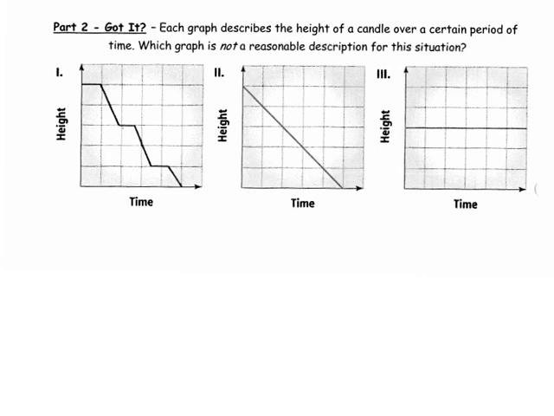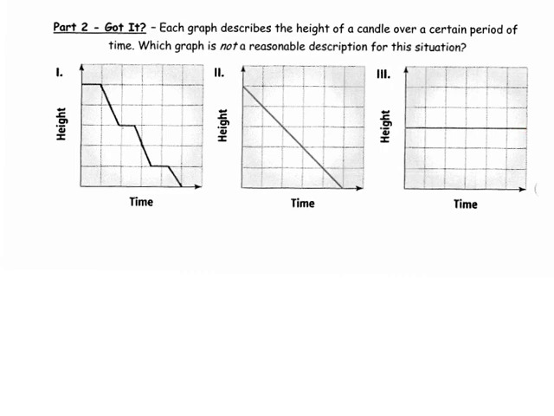Which graph is not a reasonable description for the situation? Again, the only way that 3, this one, would be reasonable is if the height stayed the same forever, which means you would never burn the candle. Yes, that's possible, but it's not reasonable. People have candles in their house to burn them. So the height of the candle over time should not stay the same.